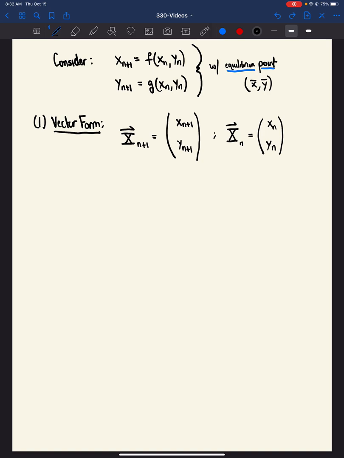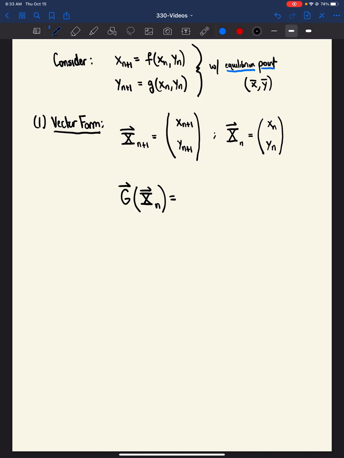The other thing that we're going to define is a function g that's itself going to be a vector function of our iteration values. You might see where we're going with this.